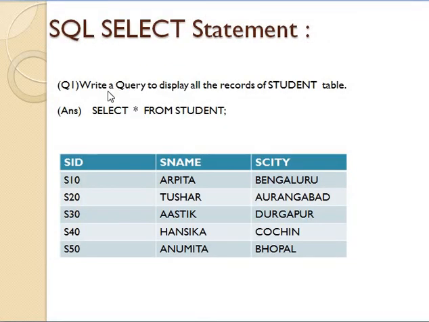Now read this question. Write a query to display all the records of the student table. Now if you wish to display all the records of the student table, then write the query as select star from student followed by semicolon.